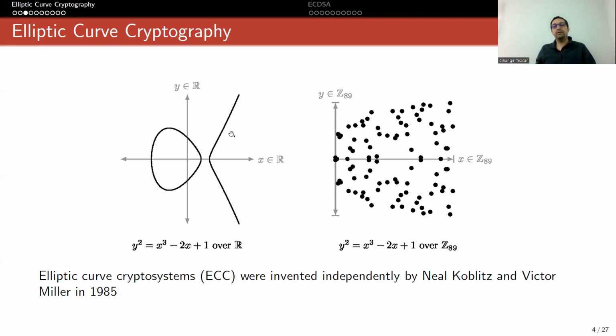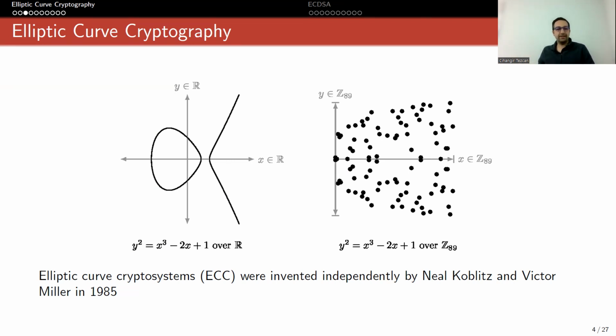So although you have infinitely many points here, the points that have coordinates in Z_89 are this many points, okay? So when you do those additions and identity element, now you will be working on these elements. The good thing is that when you add these 2 points, it gives you another point in the set. So it is really still a group.